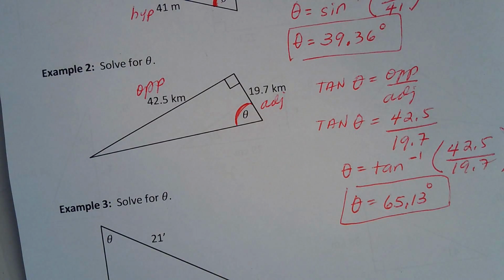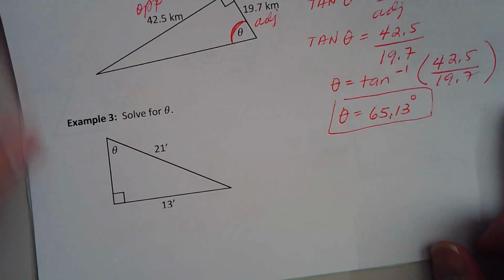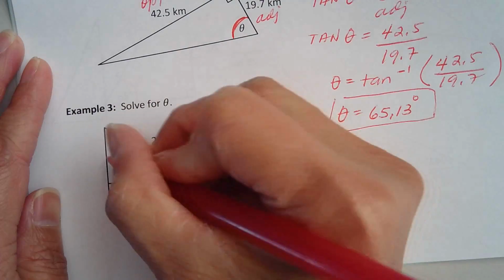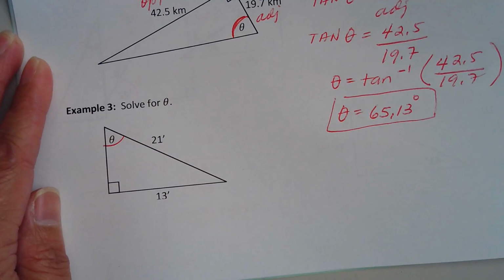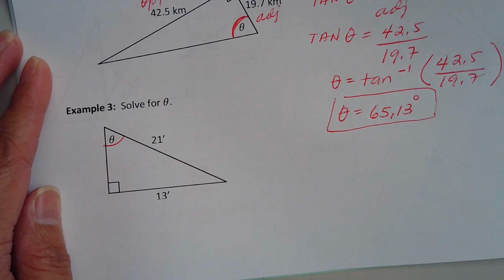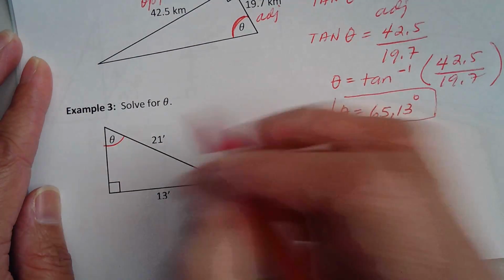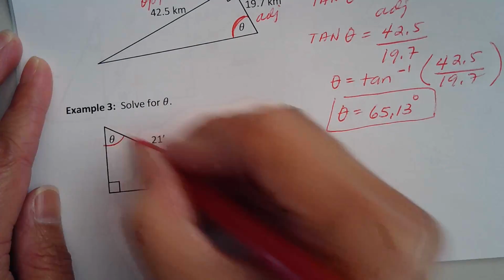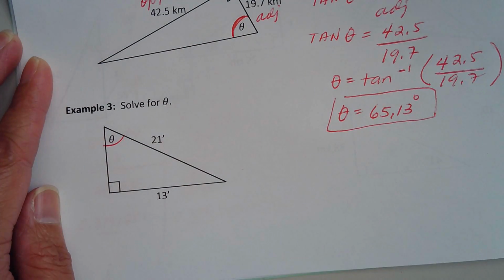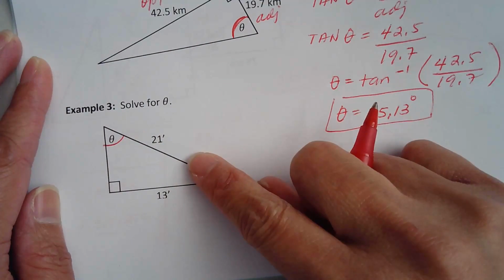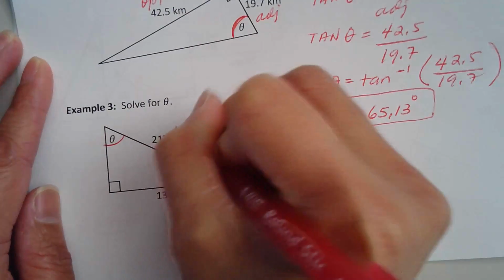Okay, so let's try the last example here. Solving for theta. First, we label the sides. What do you call this 21 over here? Hypotenuse, yeah.